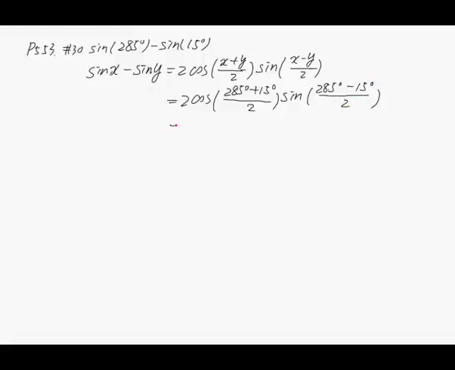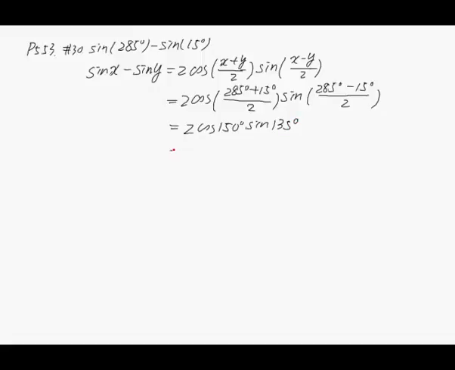Then you simplify. 285 plus 15 is 300, 300 over 2 is 150. So you have cosine of 150 degrees times sine. 285 minus 15 is 270, 270 over 2 is 135. So sine of 135 degrees.